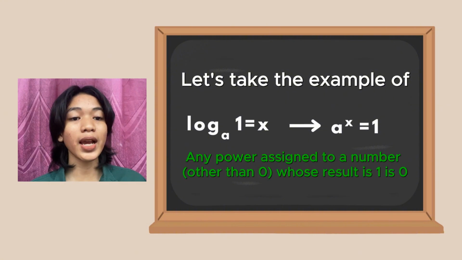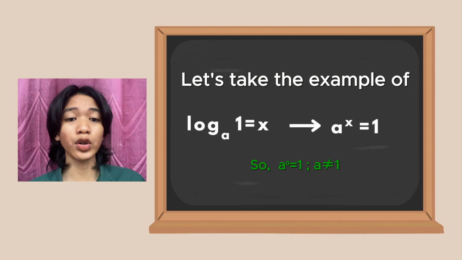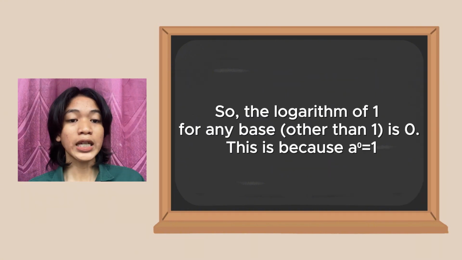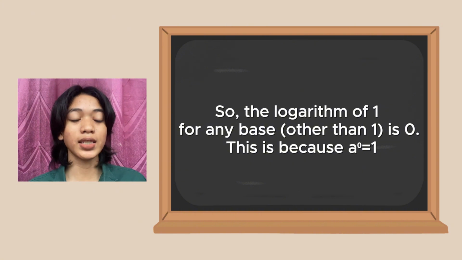Any nonzero number raised to the power of 0 gives 1. So a to the power of 0 equals 1, provided that the base a does not equal 1. So the logarithm of 1 for any base other than 1 is 0, because a to the power of 0 equals 1.